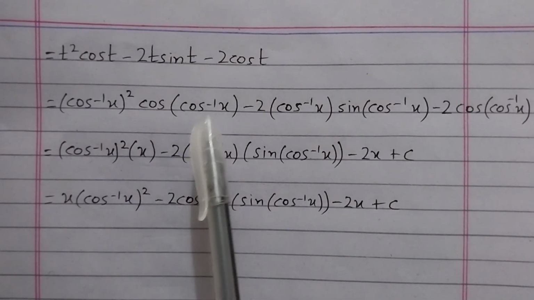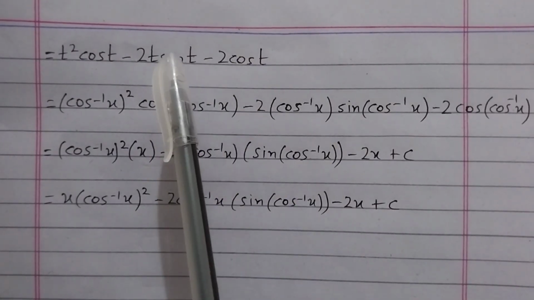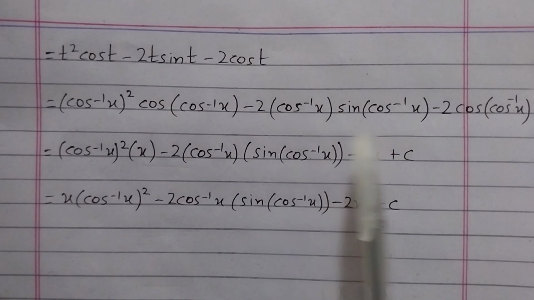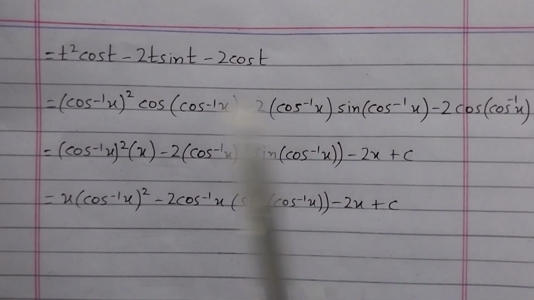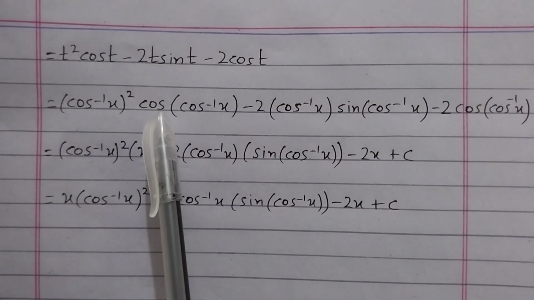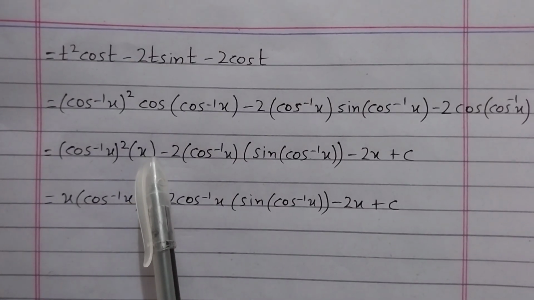So cos inverse of x whole squared remains the same, minus 2 times t, which is cos inverse of x, times sine of t, which is sine of cos inverse of x, minus 2 times cos of t, so cos of cos inverse of x. Cos and cos inverse cancel each other's effect, so we are left with x.